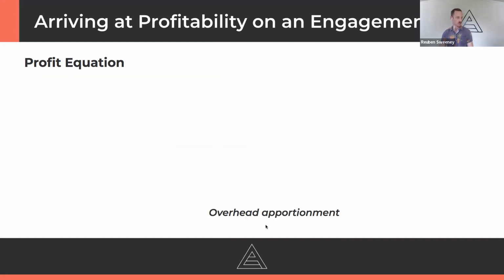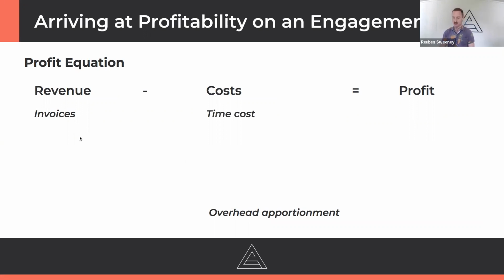All right. Oh, there's an animation. That's okay. Arriving at profitability on an engagement. So this is the profit equation, something we're all familiar with. Revenue minus costs equals profit. If only it was that simple. Revenue in our practice is represented by our invoices. Our costs are many and varied. The most common is the time cost of our people's time.